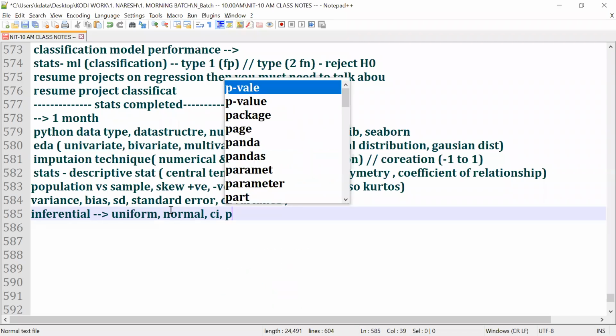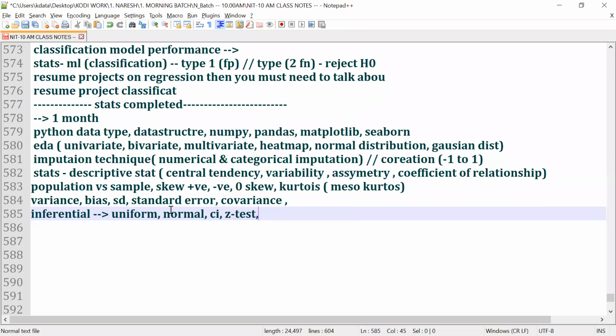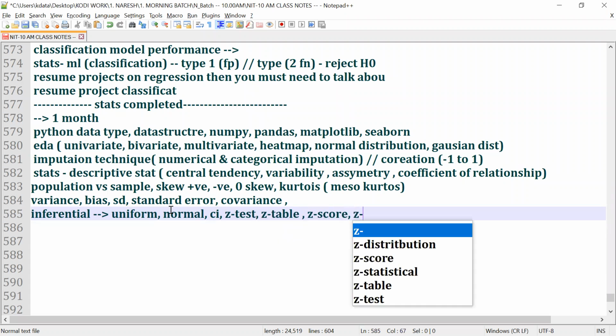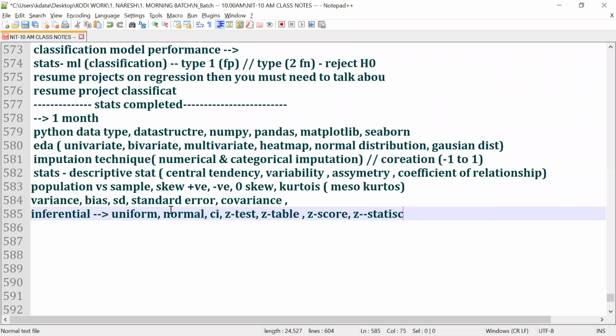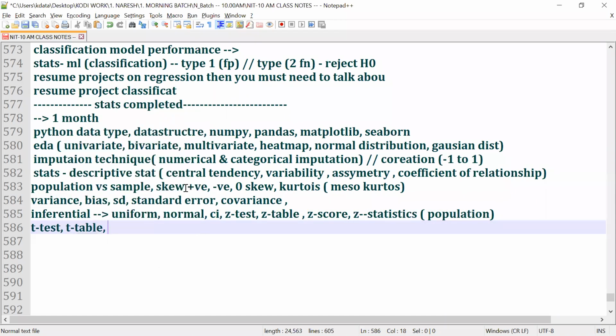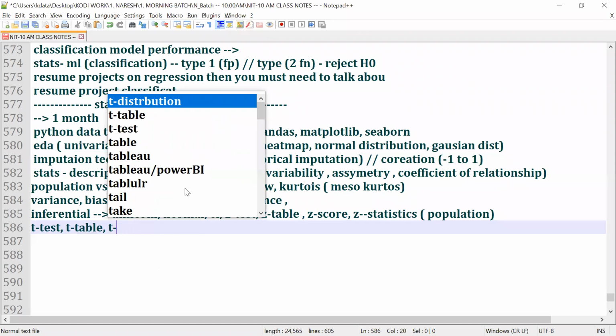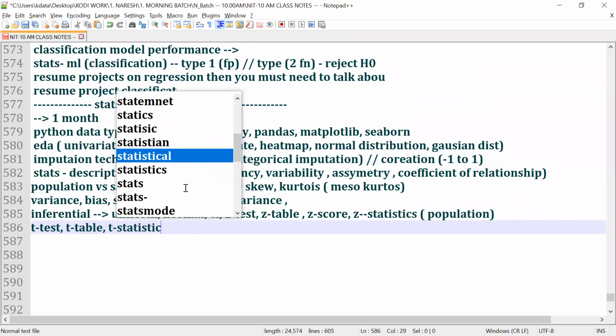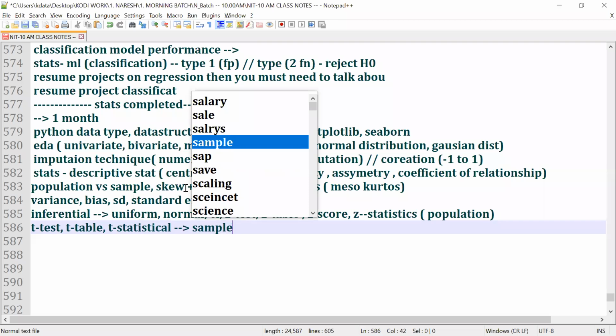Z test and Z table, Z score, and Z statistics, right? Z statistics is based on populations. Agree? Isn't it, guys? Now the t-test, t-table, and t-distributions, I mean the t-statistical test, is used for samples, right?